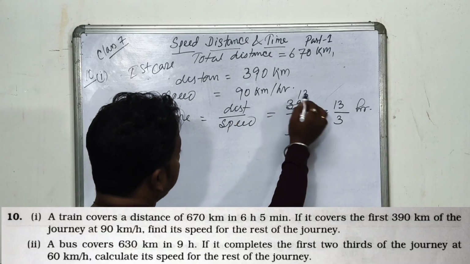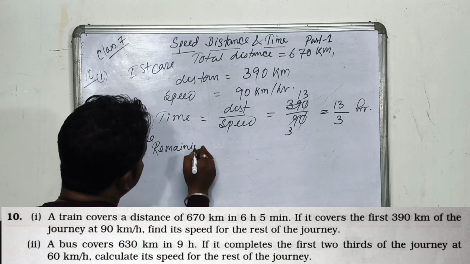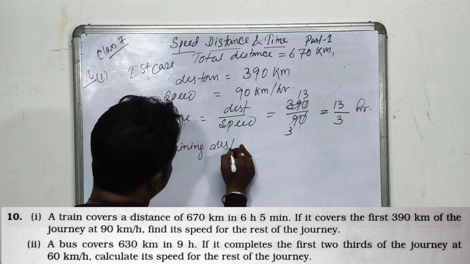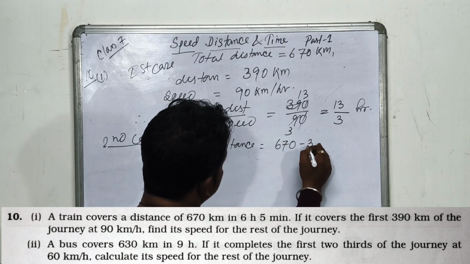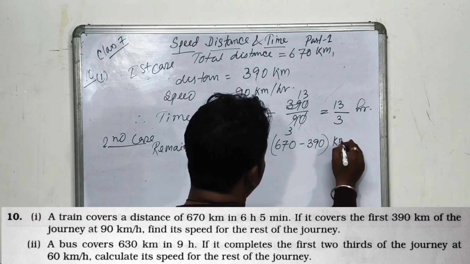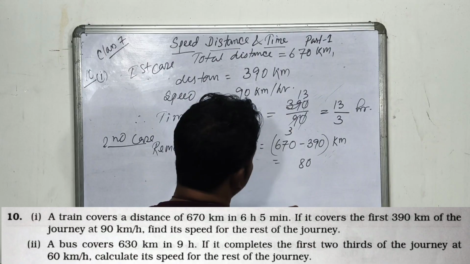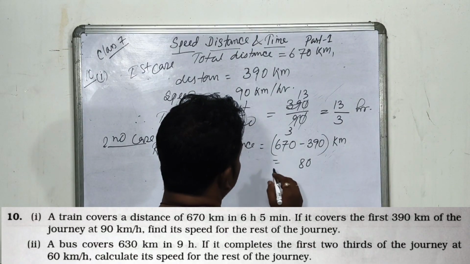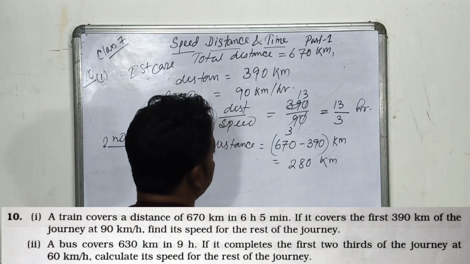The train already covers 390, so remaining distance equals 670 minus 390, that is 280 kilometers. Okay.